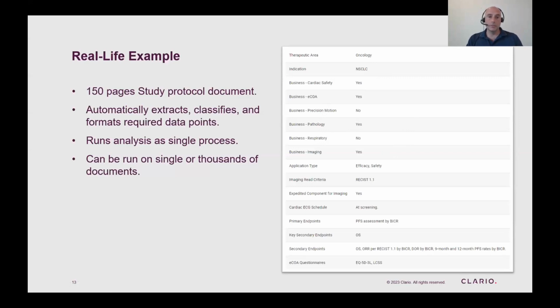So with this process, we can analyze one document in a few seconds, and we can scale that to thousands of documents and use that same concept at a meta level to essentially analyze across those documents and extract key insight from all of those study protocols.